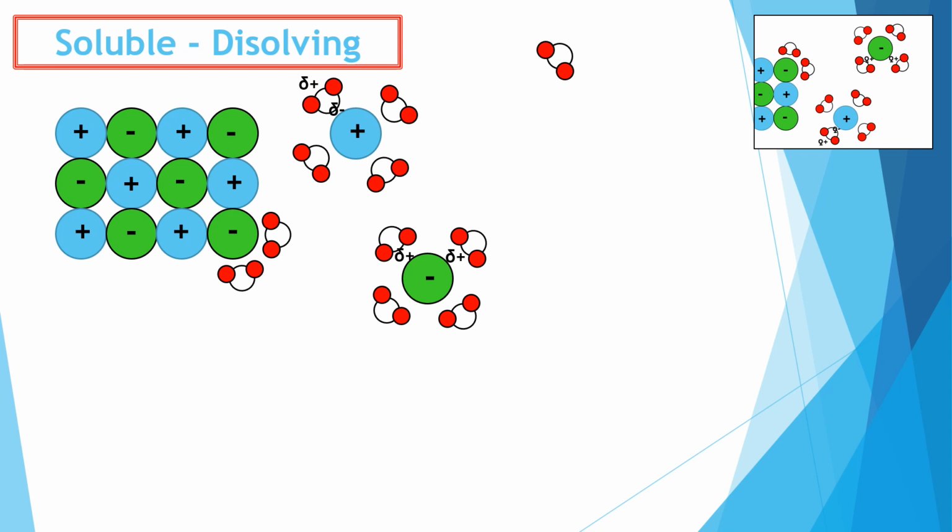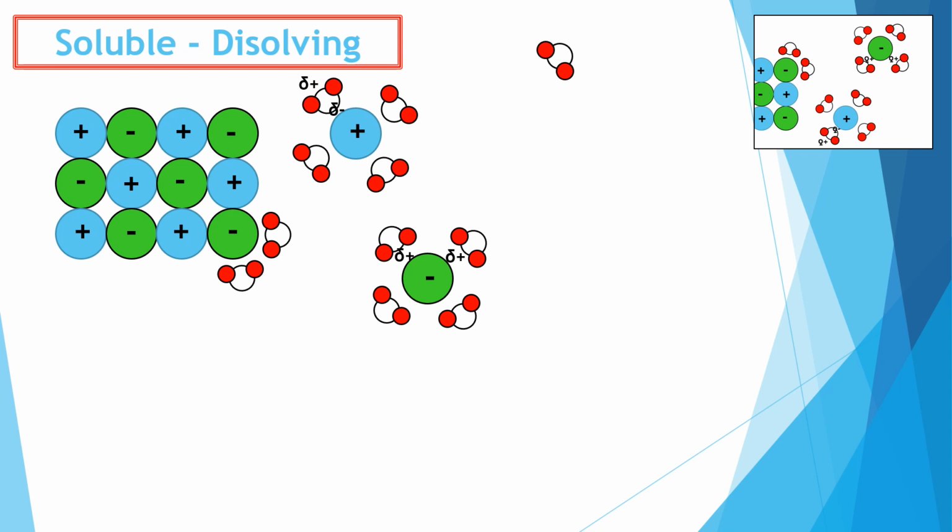So the positive side lines up next to the negative ions, and they form such a strong attraction, where there's enough of them, that they will actually pull this negative ion away from its lattice and surround it, so it's dissolved, surrounded by water molecules. And by changing their orientation around the positive ions, the water molecules do exactly the same thing in the opposite way.